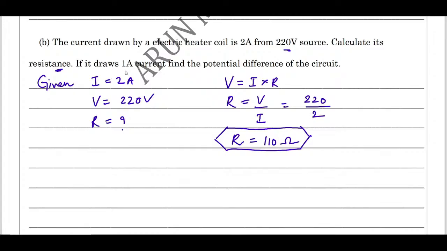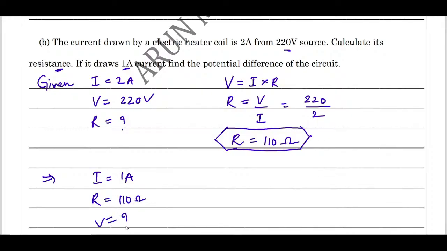Now if it draws 1 ampere current, find the potential difference of the circuit. Now the current value is changed to 1 ampere. Resistance will be the same, that is 110 ohms.